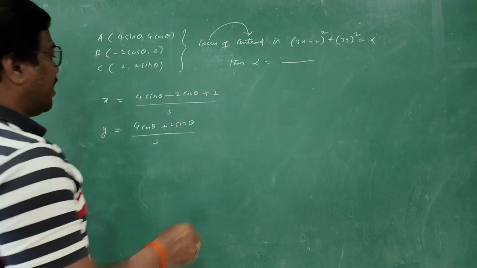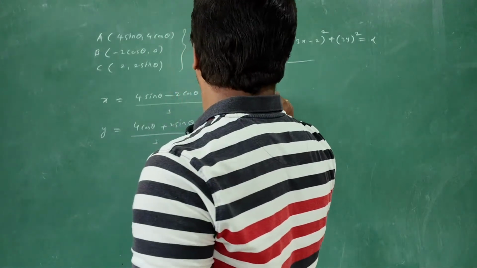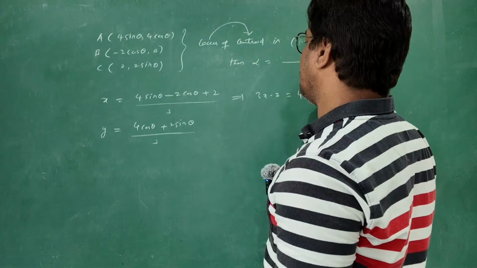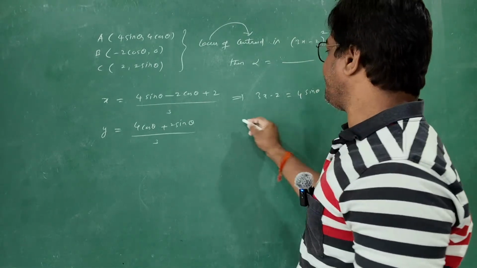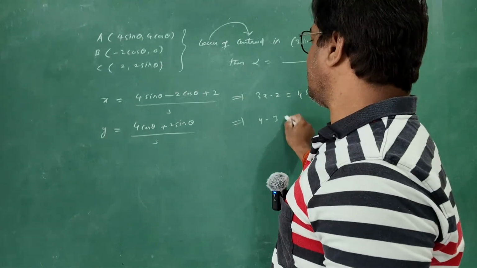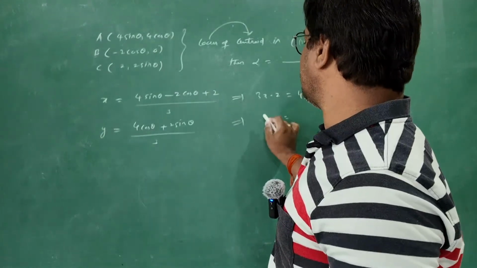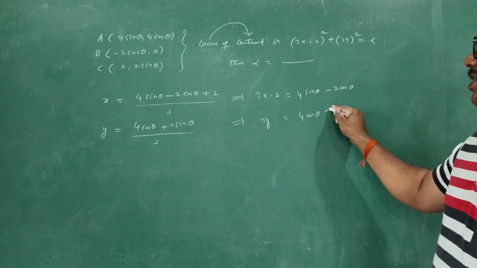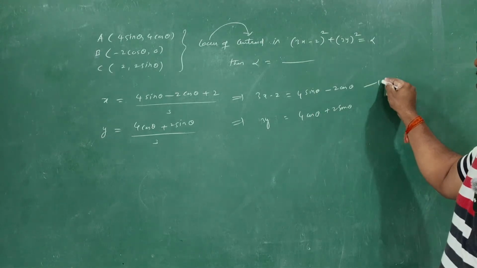So on simplification, 3x minus 2 becomes 4 sin theta minus 2 cos theta. Next, 3y becomes 4 cos theta plus 2 sin theta.